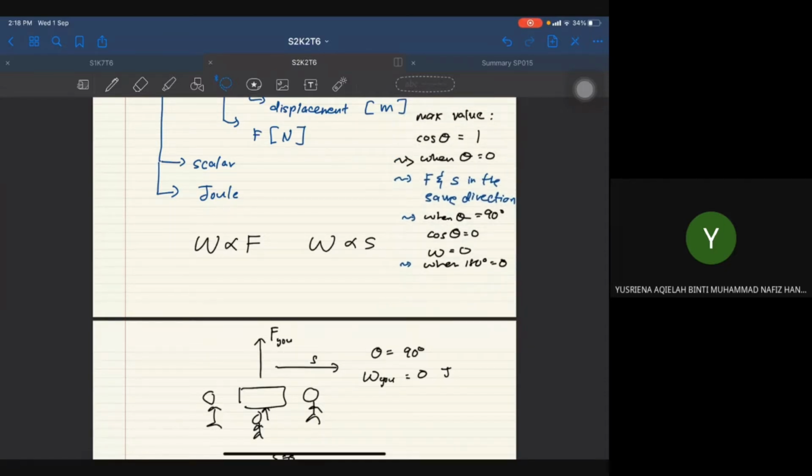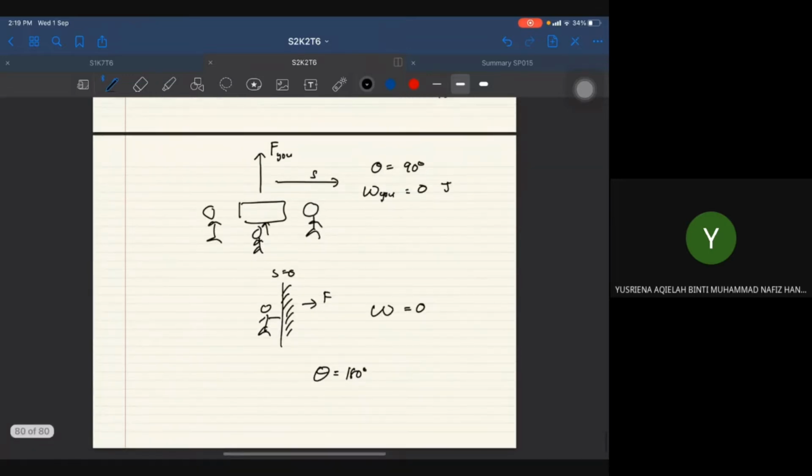Okay, when theta is equals to 180, then you have cos theta equals to -1, so you have a negative work. Okay, so example there, if you have a box like this, the box is moving in this direction, and maybe you have a force in that direction.